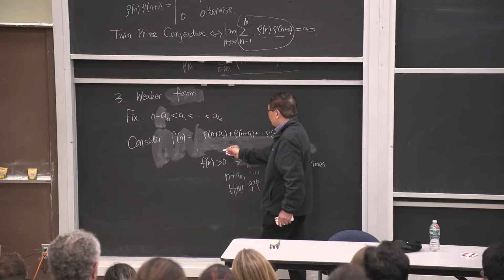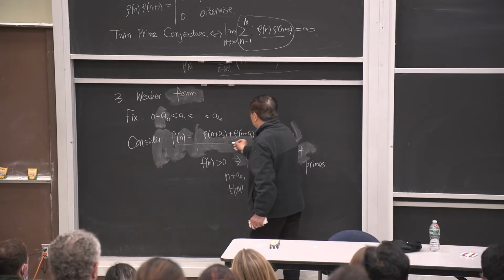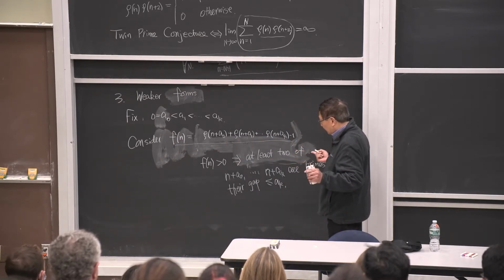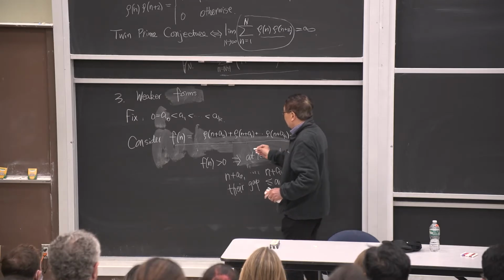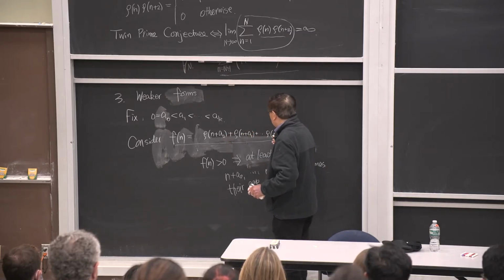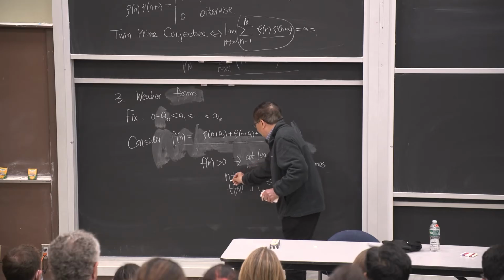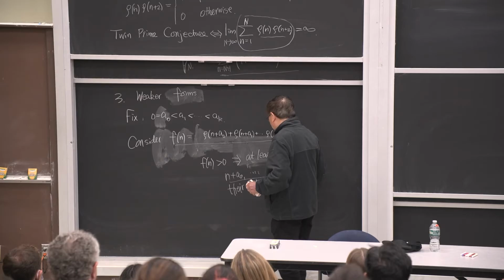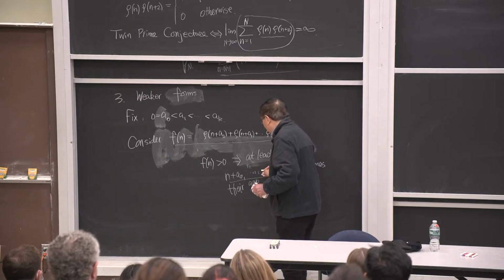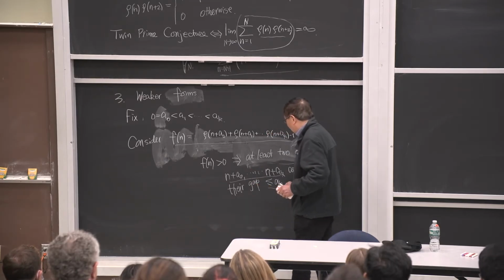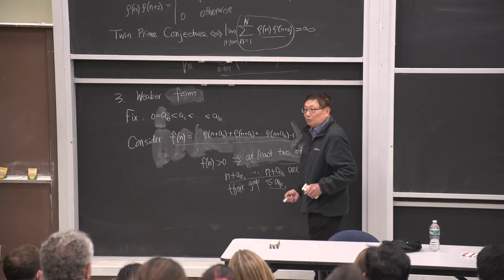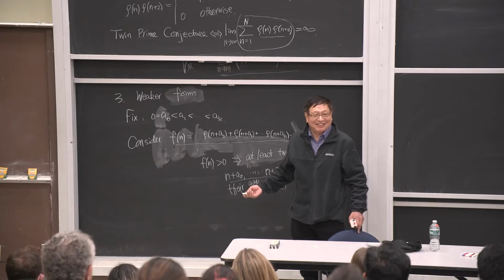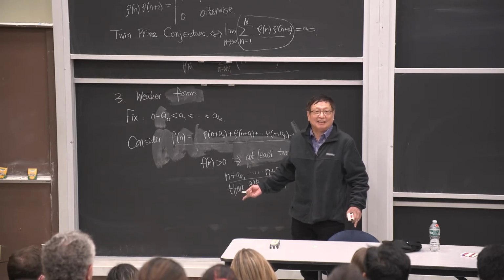To prove that for infinitely many n this is strictly positive, that says there are infinitely many n such that at least 2 of these numbers are primes, and the gap between these 2 is less than a fixed number. Say this number is equal to 70 million, not 100, right? This is ideal.